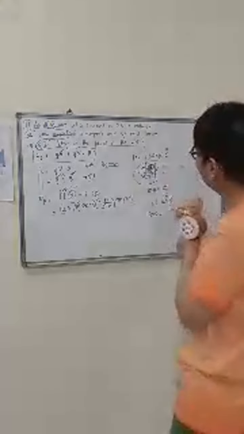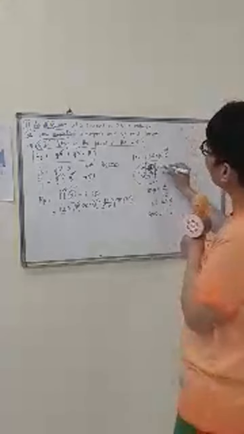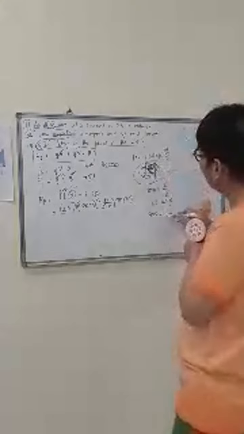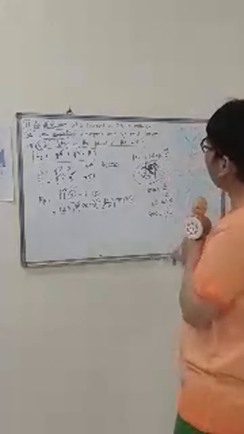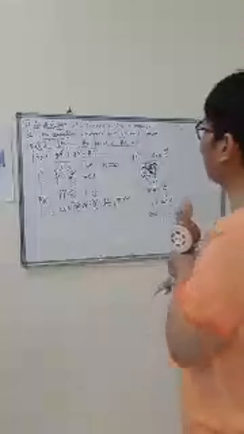So you can say sine theta is the opposite side L over the hypotenuse H. Your hypotenuse H is your magnetic field, the same.